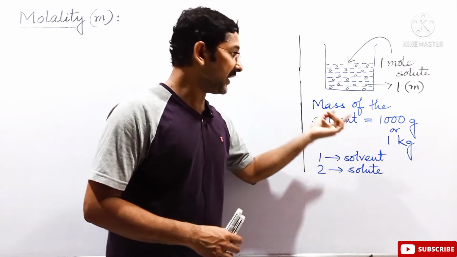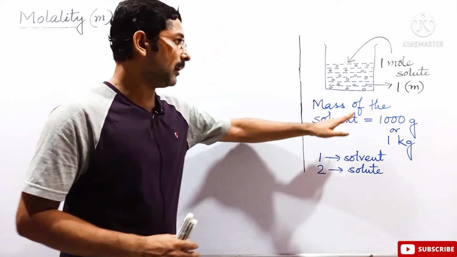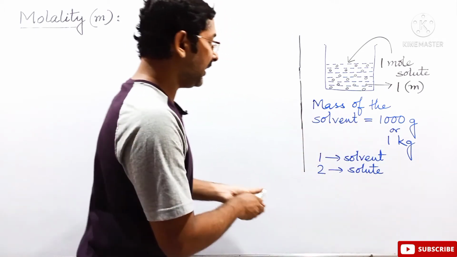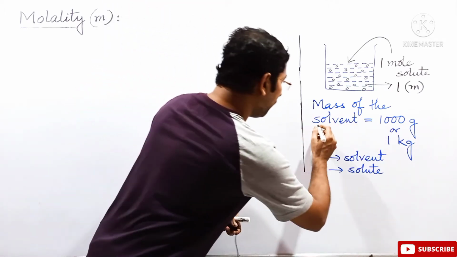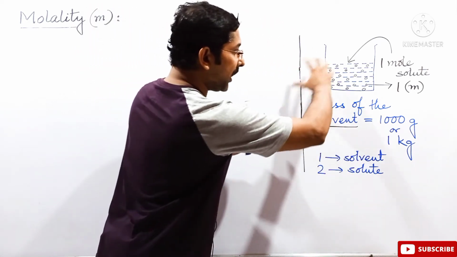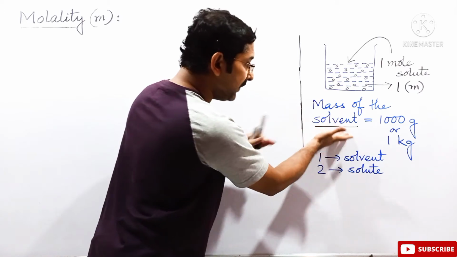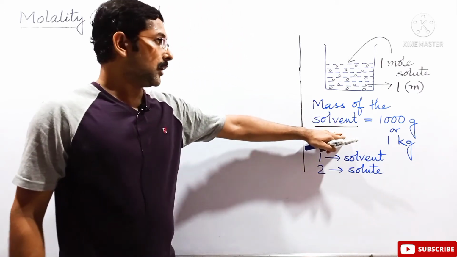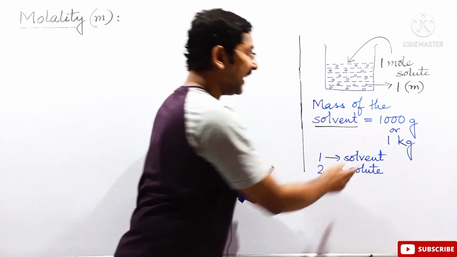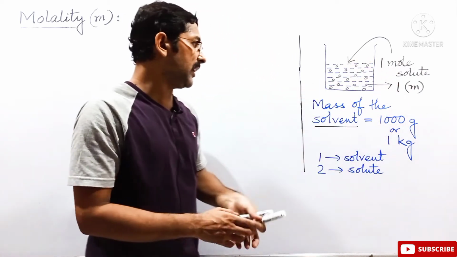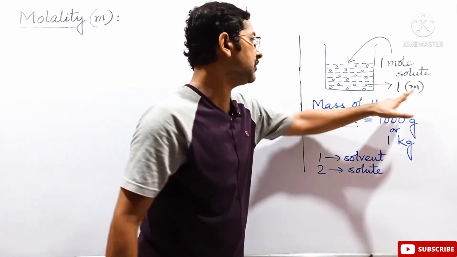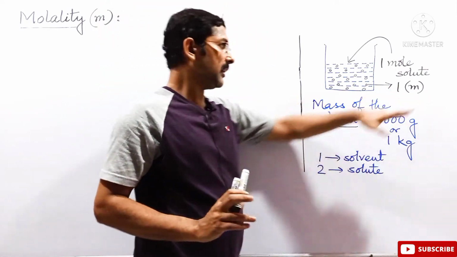In case of molarity, it was the total volume of the solution, which is 1 liter. But here, only the mass of the solvent is considered. It is not the total mass of the solution, it is only the mass of the solvent. If 1 mole of solute is present in 1 kg of solvent, then the concentration of the solution will be 1 molal, right?